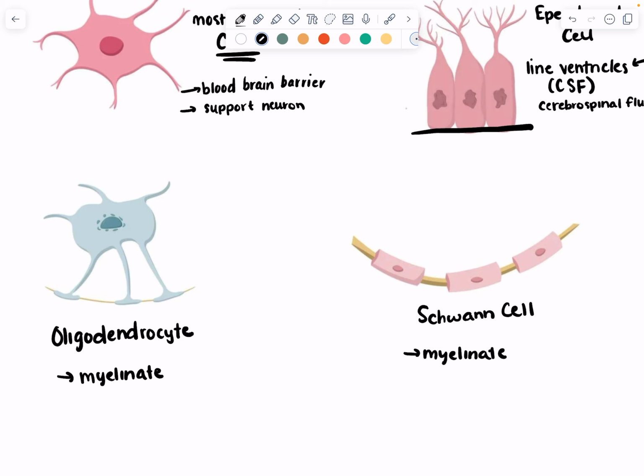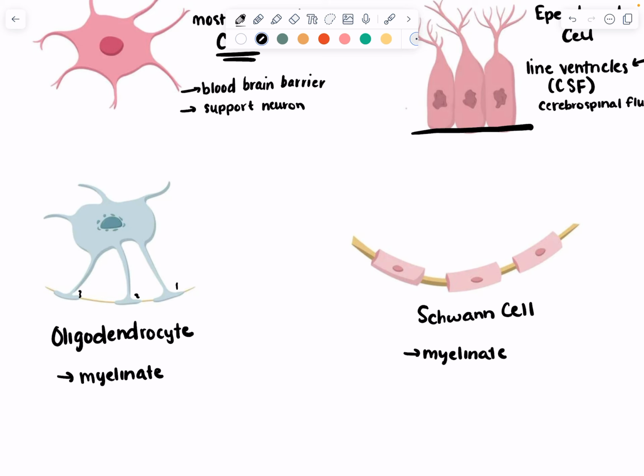Okay, so oligodendrocytes. It's myelinating, but if you see, here's my nucleus, right? I have one cell here, but it is myelinating 1, 2, 3, 4, 5, 6, 7, 8. It can myelinate up to 8 myelin sheaths.